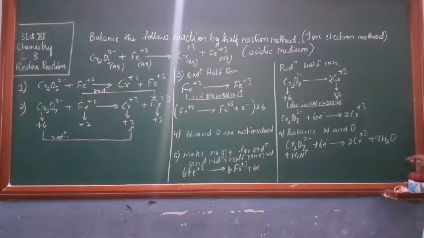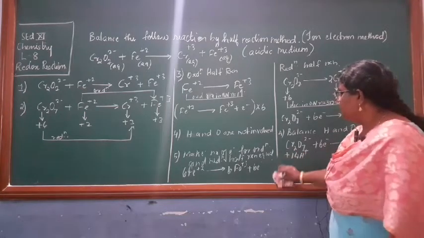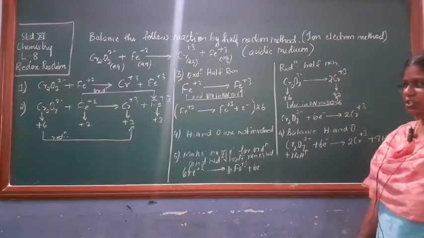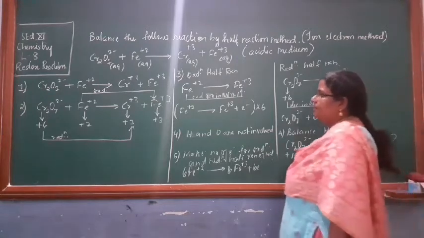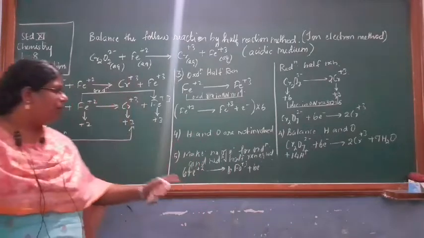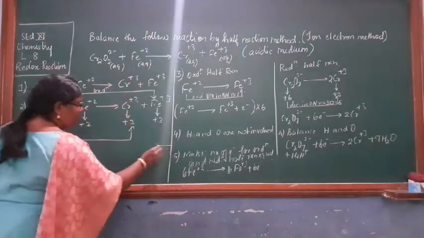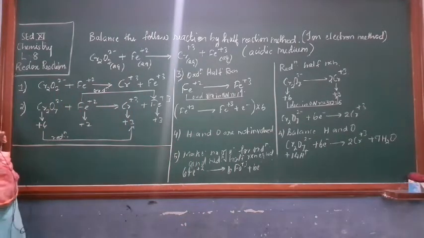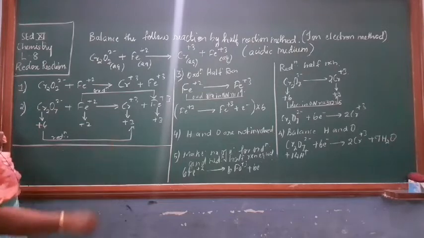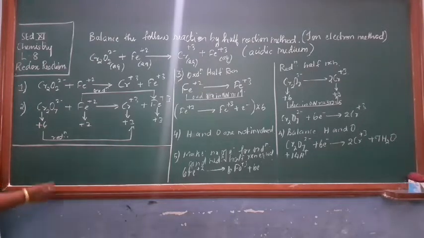So our next step is to add these oxidation and reduction reactions. Okay, so shall I add it here? After that I will come here. Please note it. See, both the oxidation and reduction half reactions I will add.